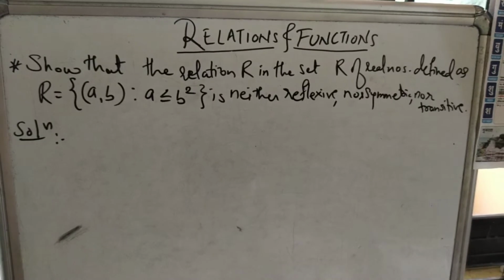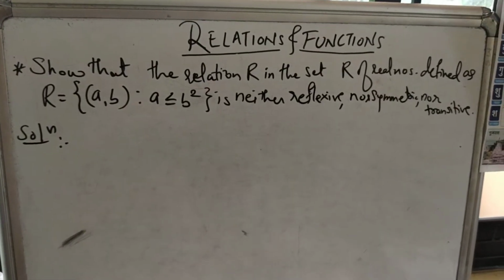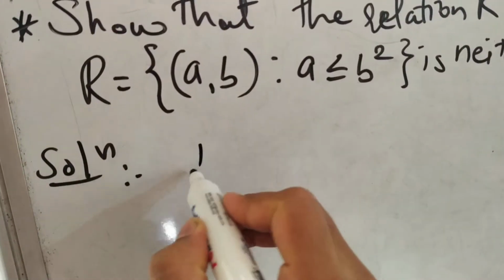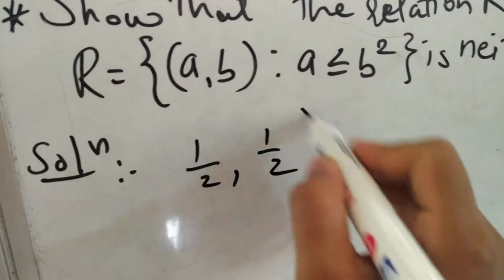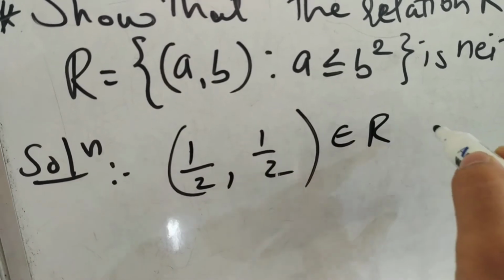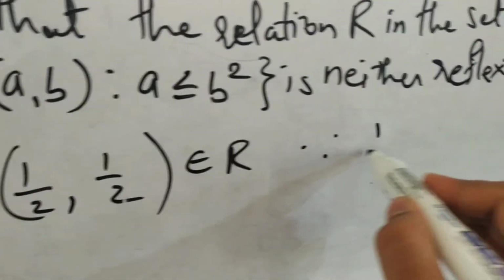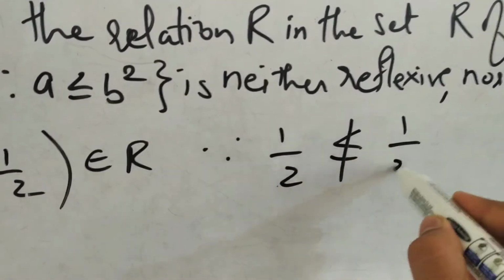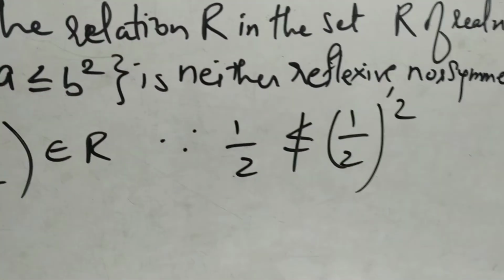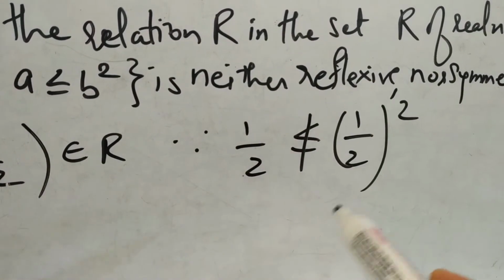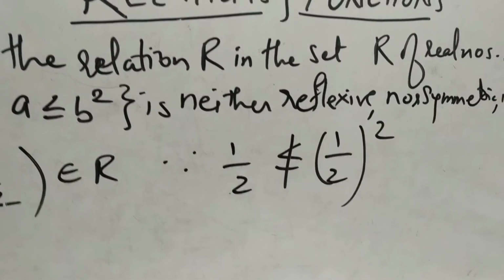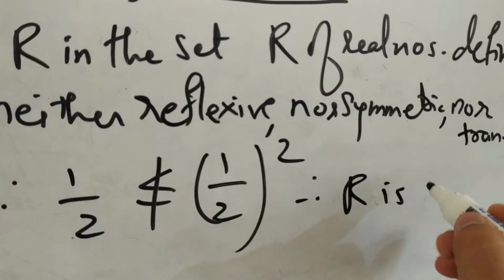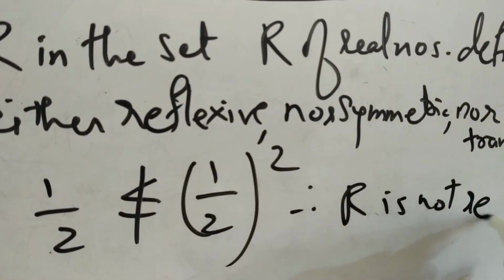To show that the relation is not reflexive, let us consider an ordered pair (1/2, 1/2), which does not belong to R, since 1/2 is not less than or equal to (1/2)², because 1/2 cannot be less than or equal to 1/4, and therefore we say that R is not reflexive.